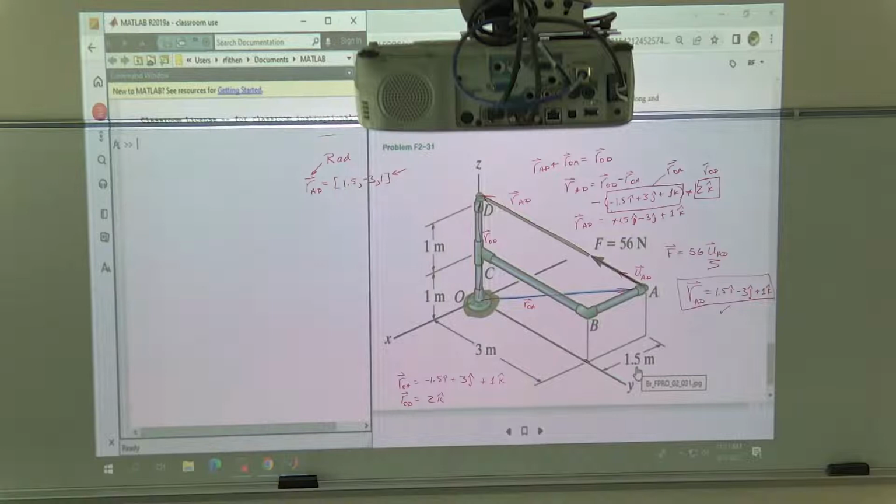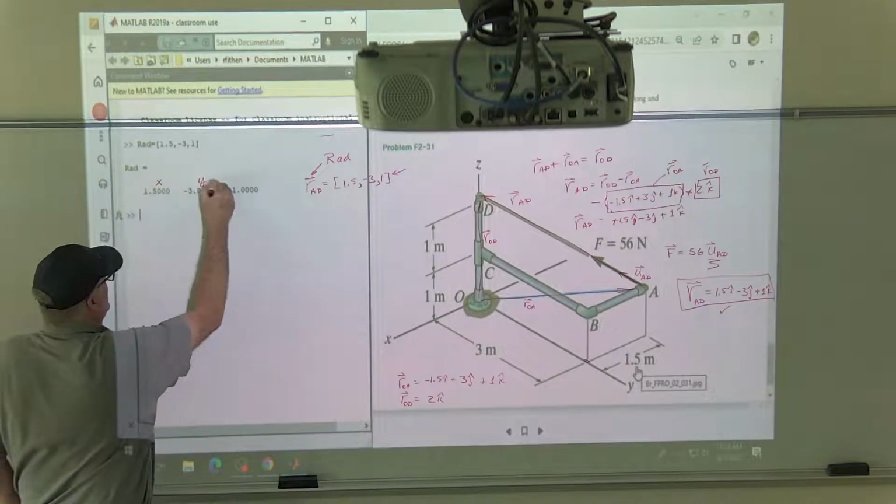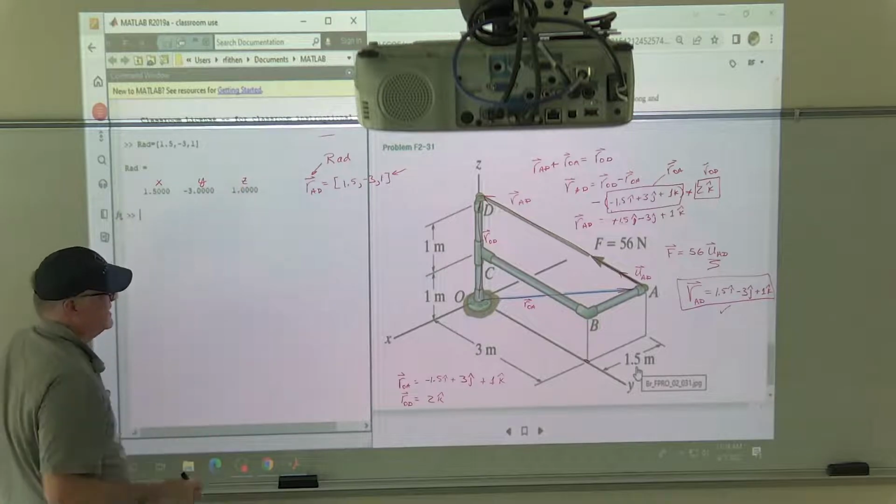So RAD equals 1.5, -3, and 1. So if you look at it, this is my X component, this is my Y component, that's my Z component.